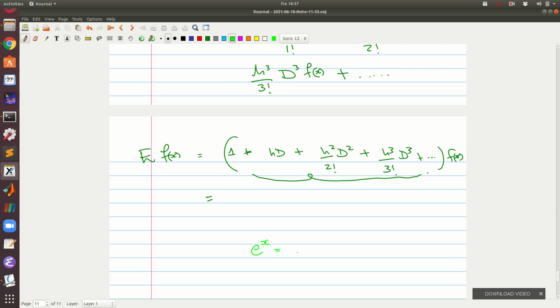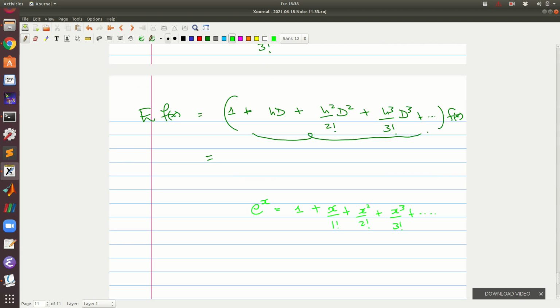You can also check it out if you're not so sure, but the expansion of e to the x is 1 plus x over 1 factorial plus x squared over 2 factorial plus x cubed over 3 factorial, and so on.